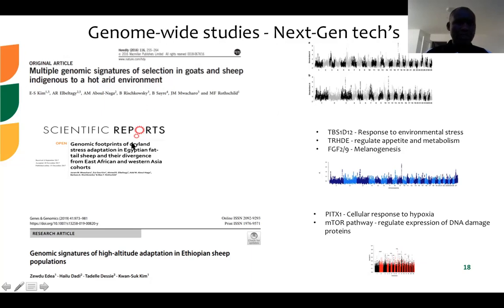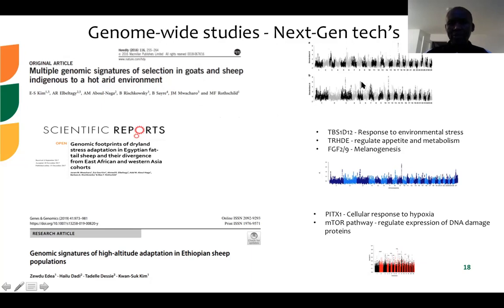Two of these studies were done in my group, and we looked at genetic signatures for adaptation to a stressful environment. We used several selection signature analysis methodologies, and we found a large number of candidate regions that span different regions of the genome or different chromosomes.